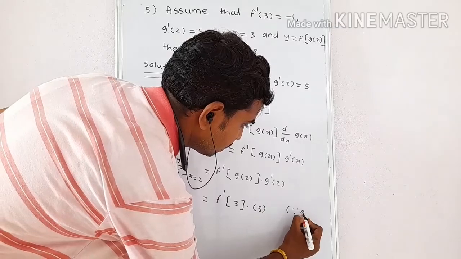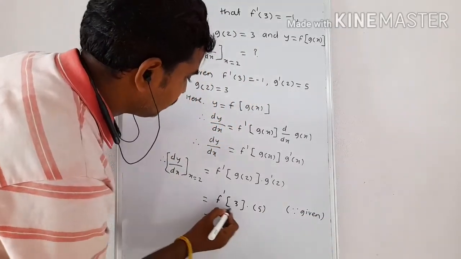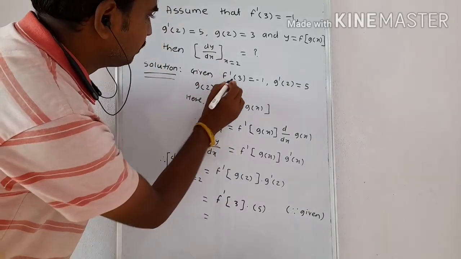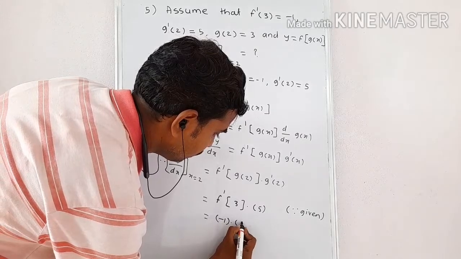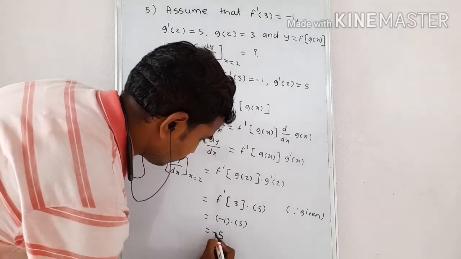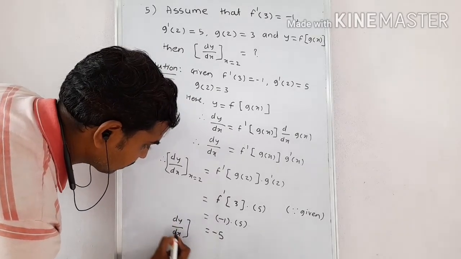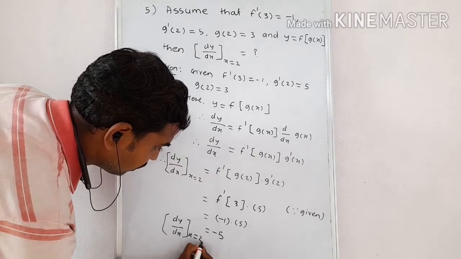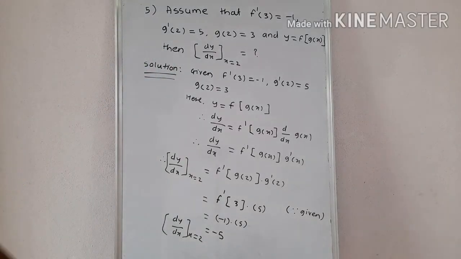Therefore, we get f dash of 3 into 5. Next, we calculate the value of f dash of 3. This is also given: f dash of 3 is -1, so -1 into 5. -1 into 5 is -5. Therefore, the required value of dy by dx at x equal to 2 is -5. This is our solution of the fifth example.